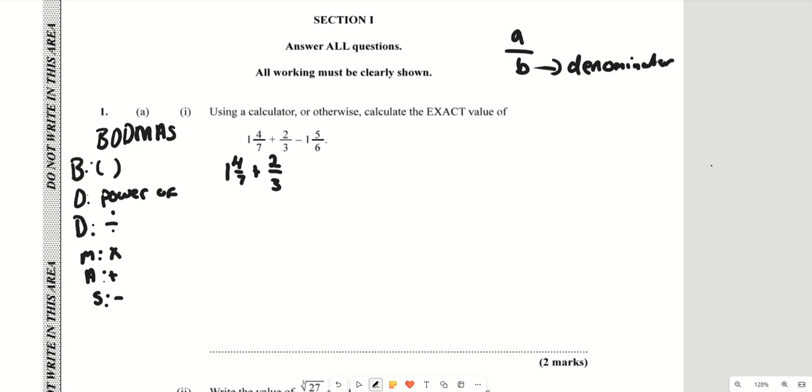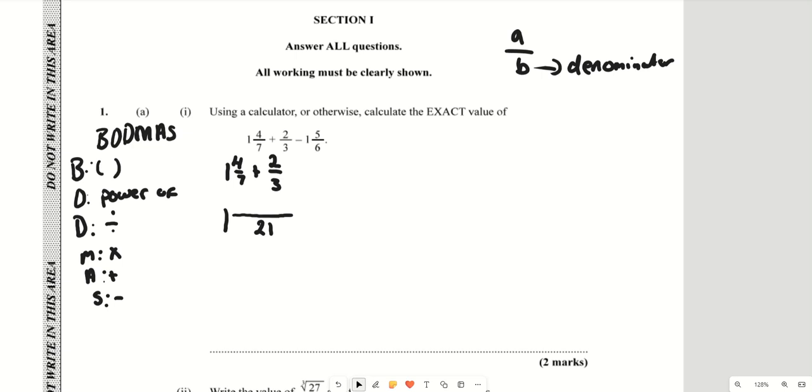Now, this one is pretty easy, where the denominators are prime numbers. Prime numbers are numbers that are divisible by 1 and itself only. 7 and 3 are both prime numbers, so I can simply find my LCM by multiplying. 7 by 3 is 21. The 1 plus stays, as it doesn't have a next whole number, it will be 1.